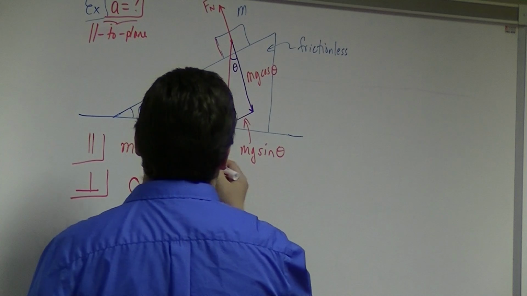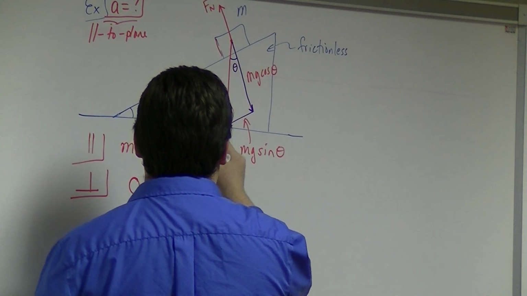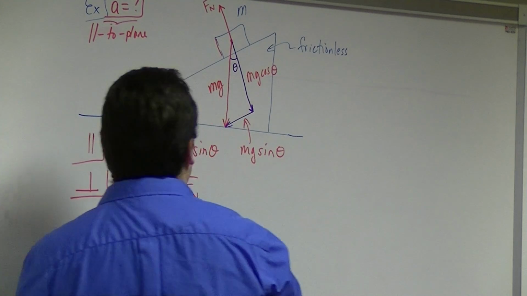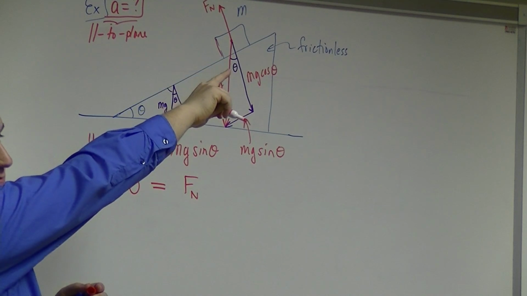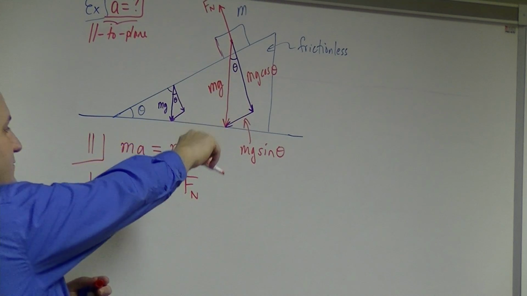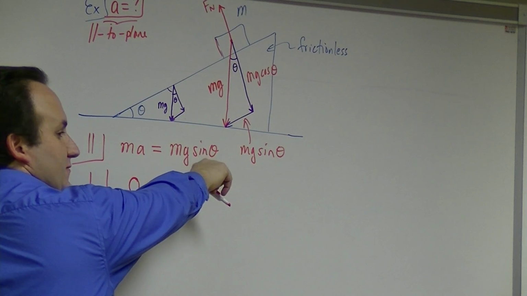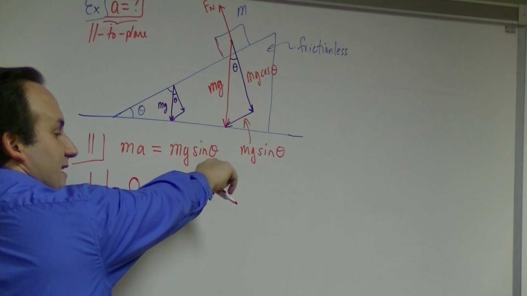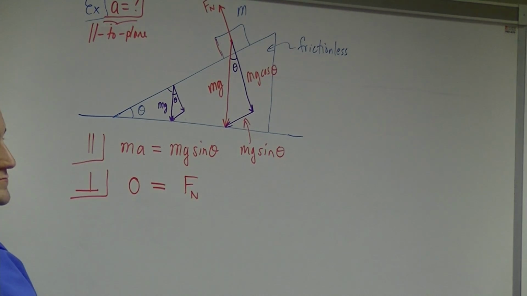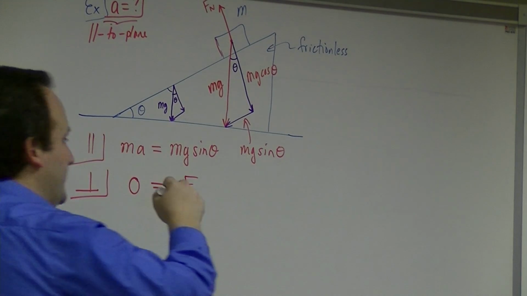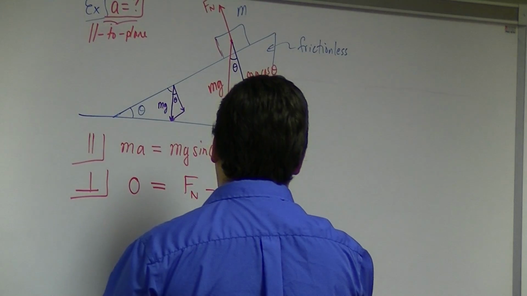All right, down is positive, then I write mg sine theta here. But I could just as well have written minus mg sine theta if I took up the plane as the positive direction. The point here is once I write mg sine theta here, whatever direction mg sine theta goes, I have implicitly defined A in that direction as positive. And then I've got minus mg cosine theta here, right?